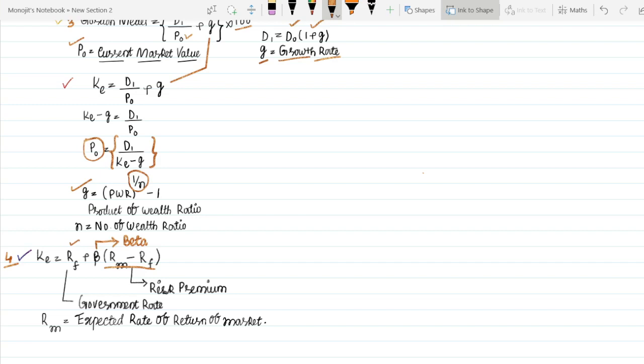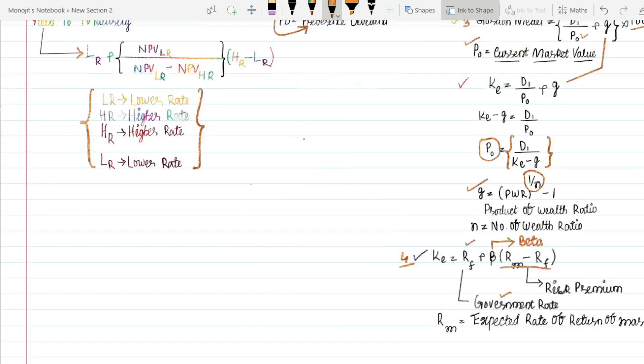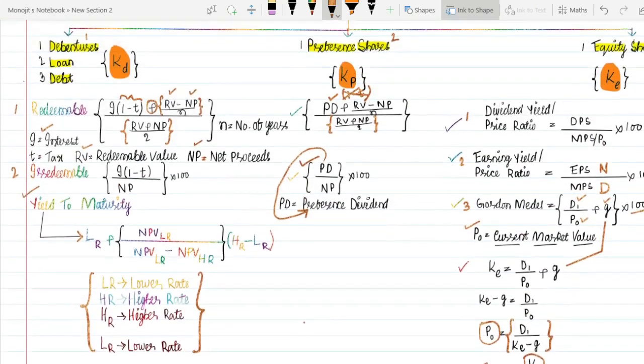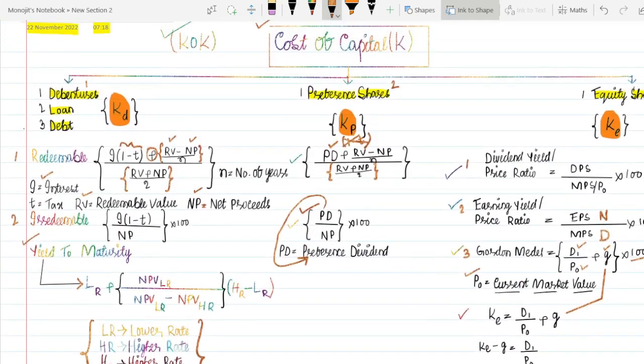RF means government rate, the risk-free return. RM represents the expected rate of return of the market. So this makes the end of all the formulas which are there in the chapter cost of capital. Now we will discuss two questions from this chapter.